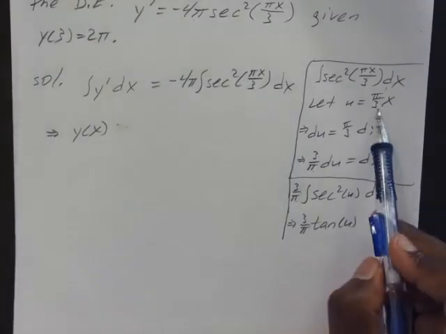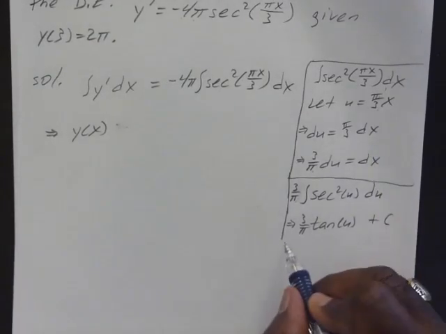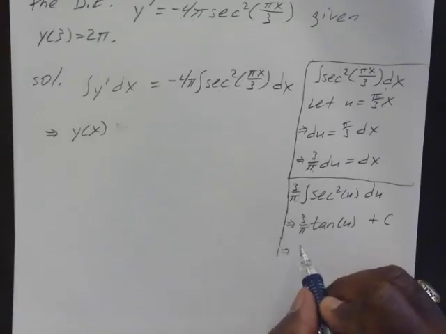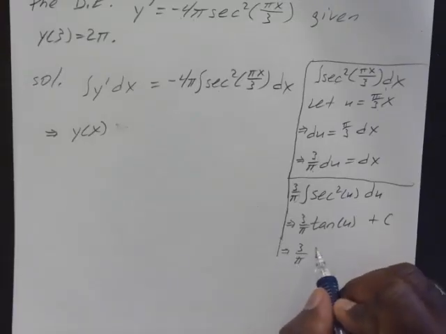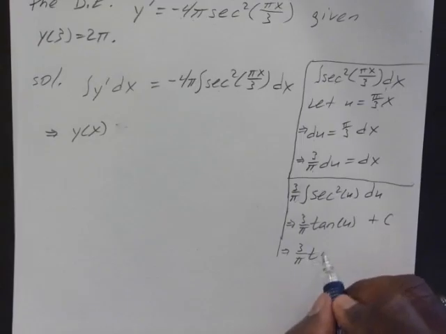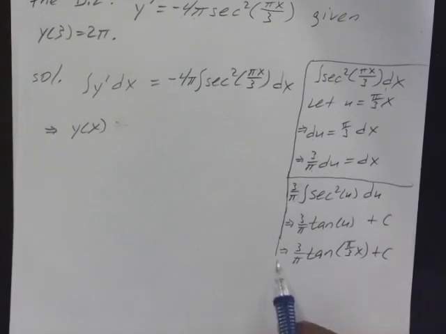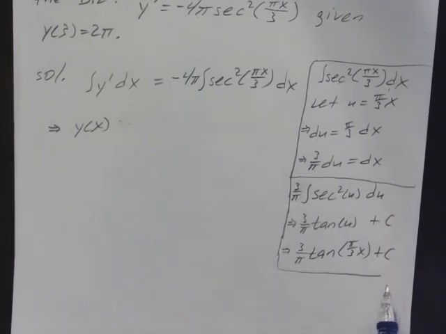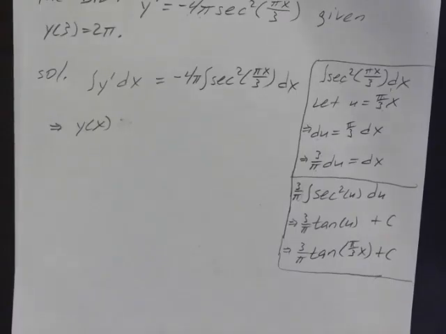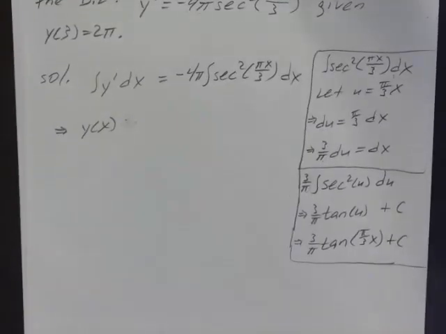Replace our u with pi over 3 x. So we know that integral is 3 over pi times tangent of pi over 3 times x plus c.